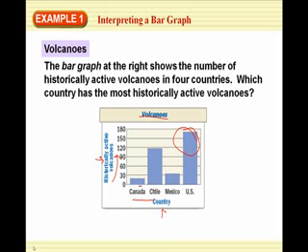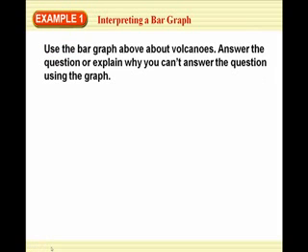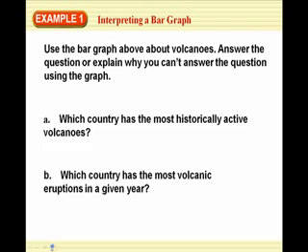It's the United States, the tallest bar. The second question though, which country has the most volcanic eruptions in a given year? It doesn't say how often they erupt, so we can't answer question B. It's impossible to answer that question with this graph. We'd have to find some other information in order to do that.